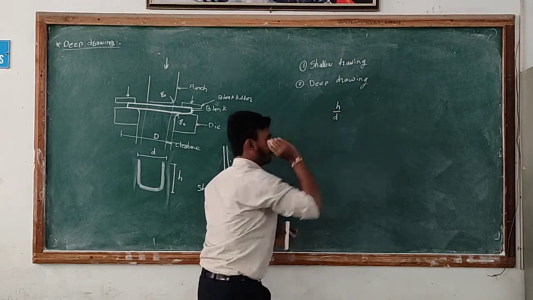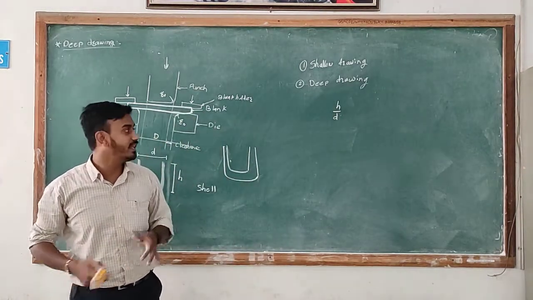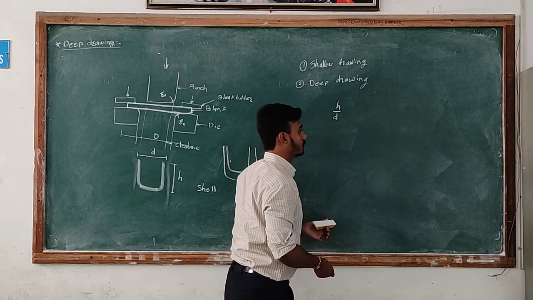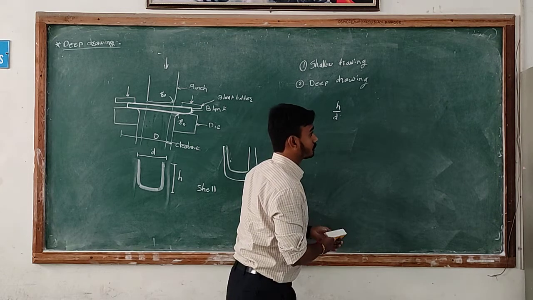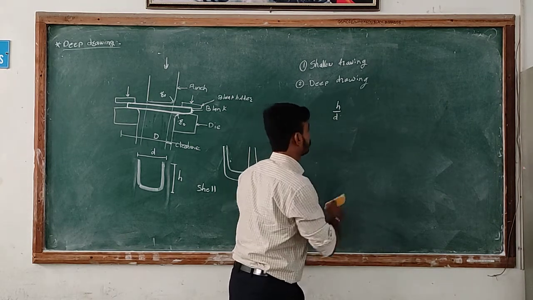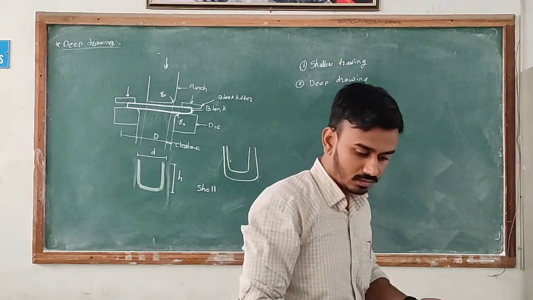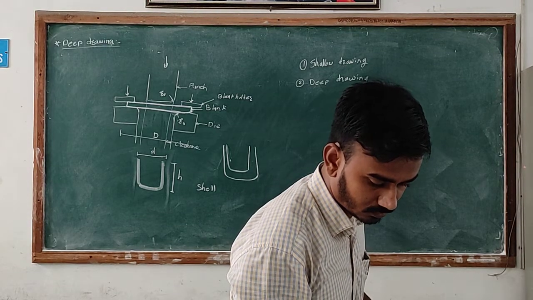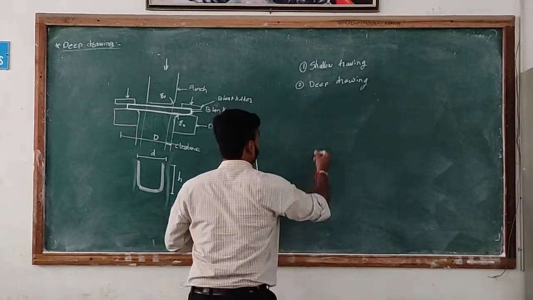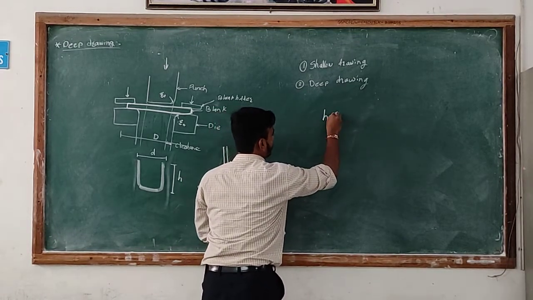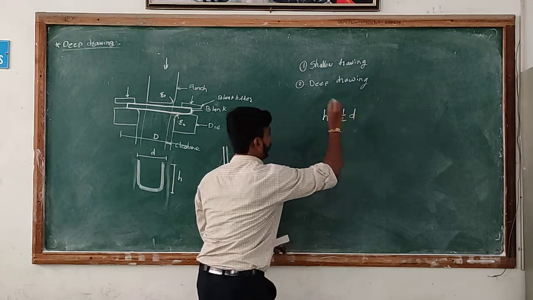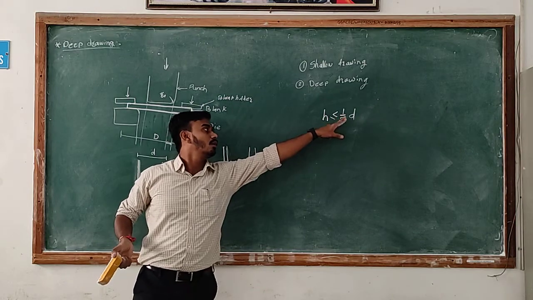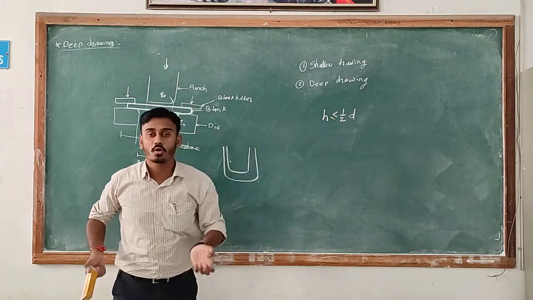If I take the ratio of h by D, suppose h is less than or equal to 1/2 of D, then it is called shallow drawing. And if h is greater than 1/2 of D, then it is called deep drawing.